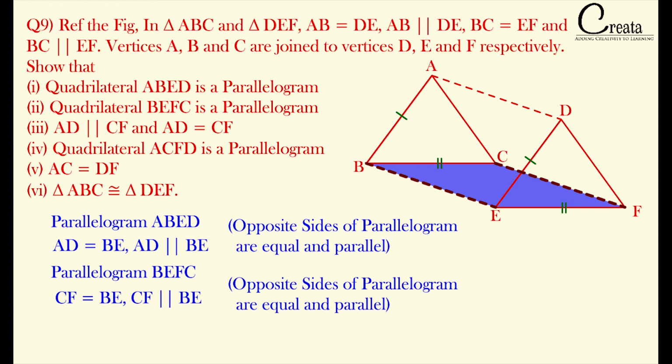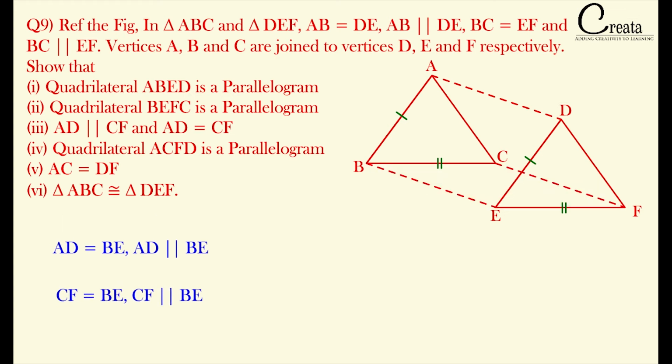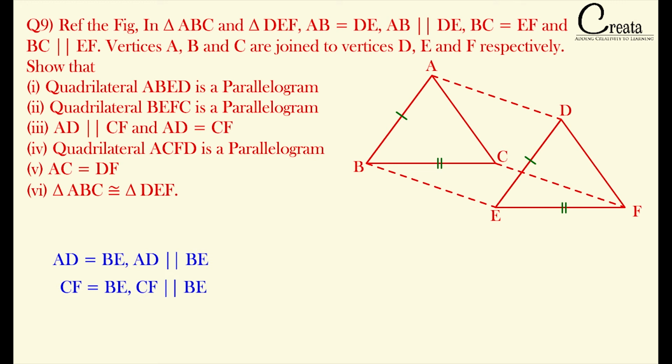The opposite sides of the parallelogram are equal and parallel. So if we compare both these equations, AD and BE are parallel and equal, and CF and BE are parallel and equal. So we can say AD and CF are parallel and equal to each other. That is the third part of the question.